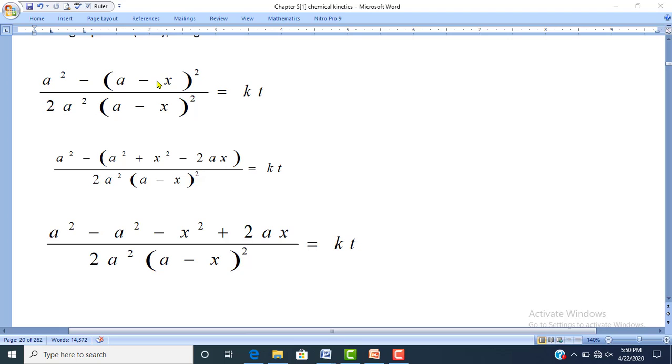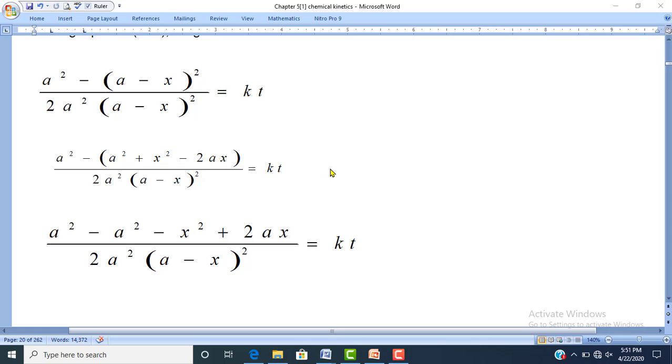If you apply the algebraic rule to (a minus x) square, then we get the value a square plus x square minus 2ax. So by opening this formula, we got the equation a square minus (a square plus x square minus 2ax) divided by 2a square into (a minus x) square is equal to rate constant k into t.